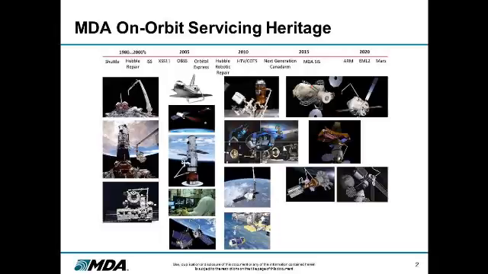We're currently supporting free flyer capture of the Dragon capsule and HTV, and the Canadian Space Agency over the last 3 years has invested a significant amount in the development of a next generation Canadarm, the third type of Canadarm.